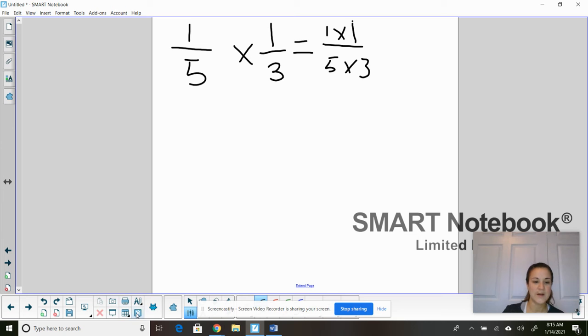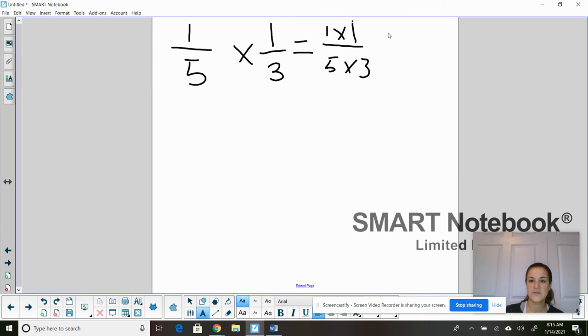So this is where we are going to multiply the numerators. Here's multiplying the numerators.